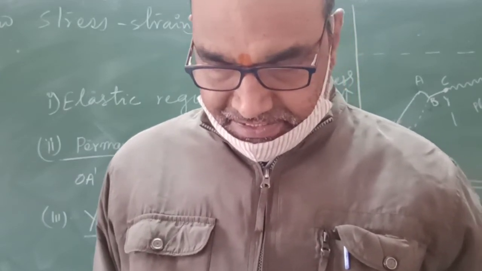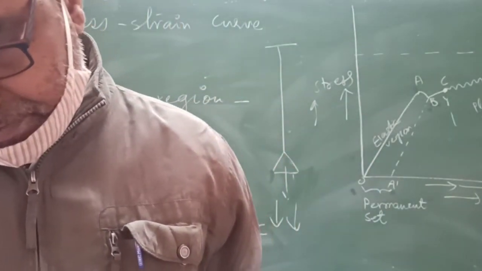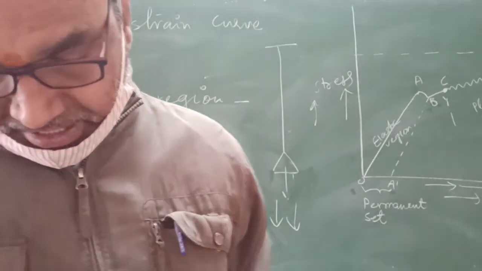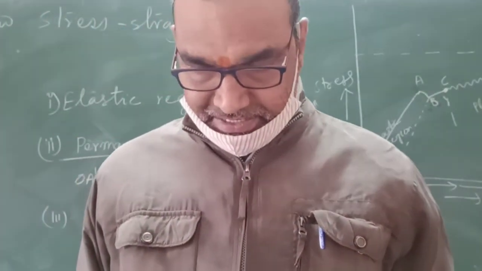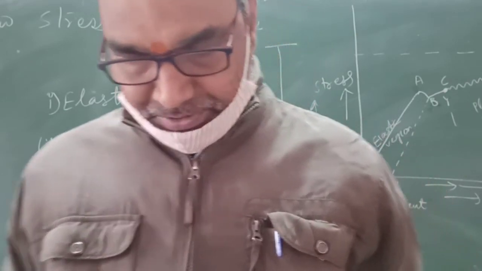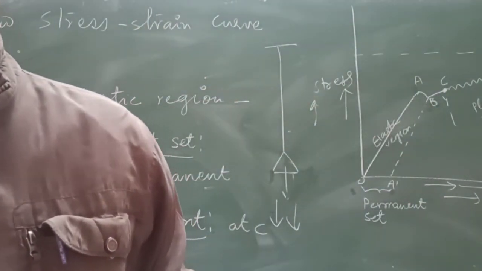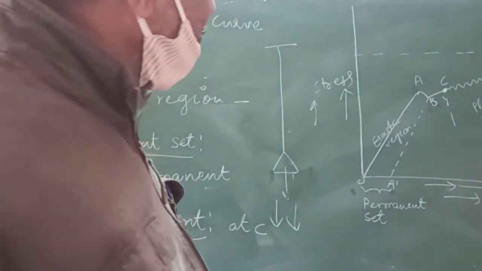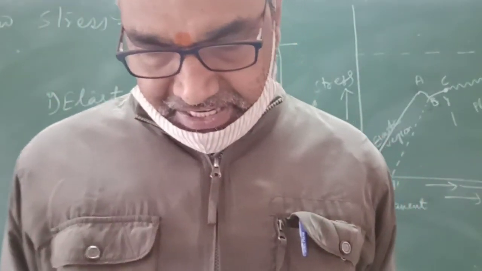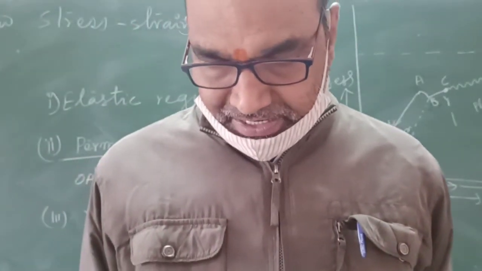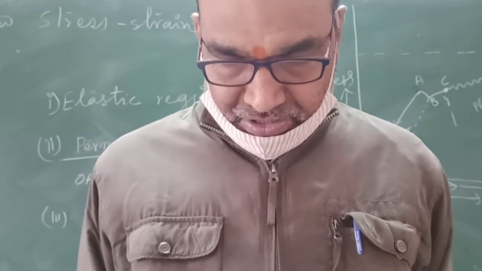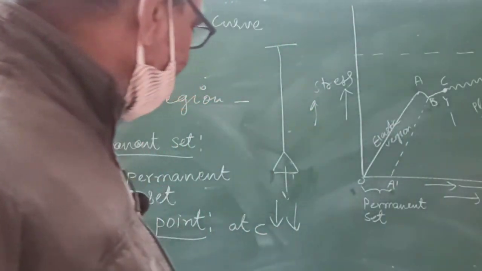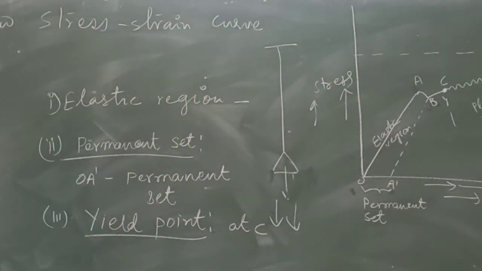A neck and waist or constriction are developed at a few weaker portions of the wire, and finally the wire breaks, and that point is known as breaking stress. The point C, at which the wire yields to applied stress and begins to flow, is called the yield point.